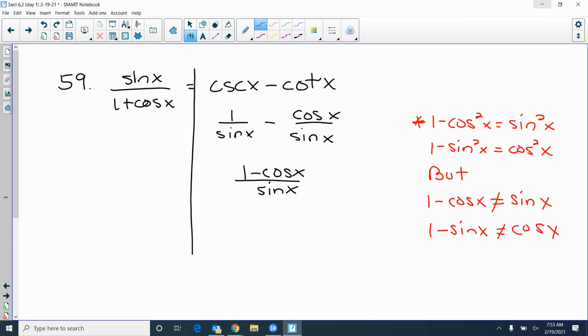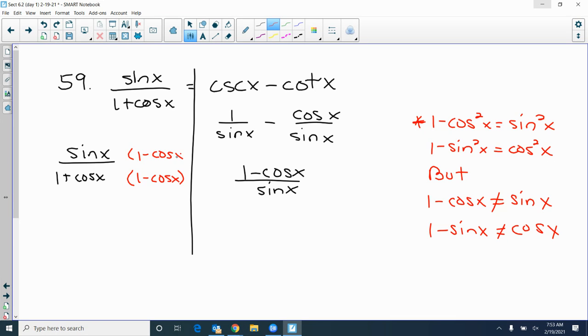Now, I'll just start on one side because you say, all right, I got one here and I got one here. Yesterday I indicated I'd usually go after the denominator first. So I would make this sine of x over 1 plus cosine of x, and I'm going to multiply that by the conjugate, which is 1 minus cosine of x.